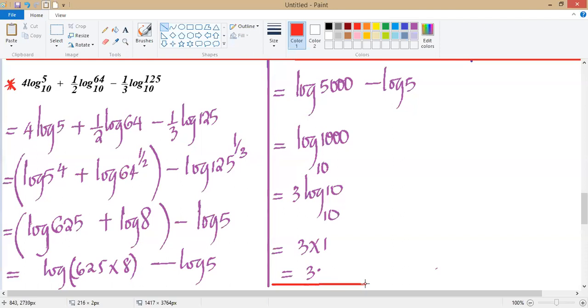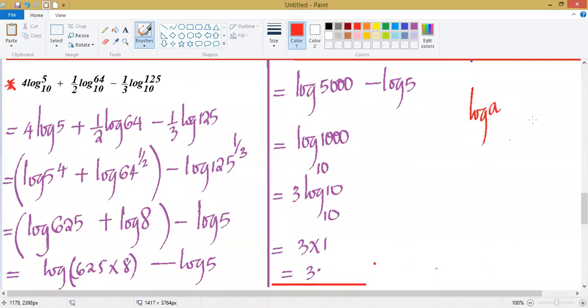I have some hands up. Someone was asking. Where did bases go? I'm lost. A logarithm without a base. We did it intentionally. A logarithm without a base is base 10.